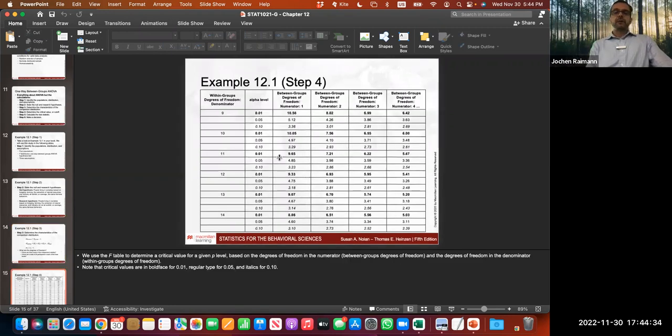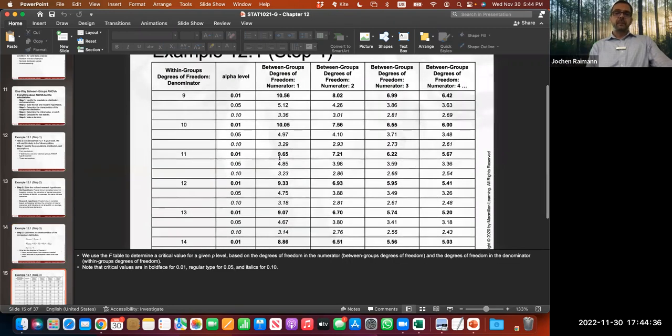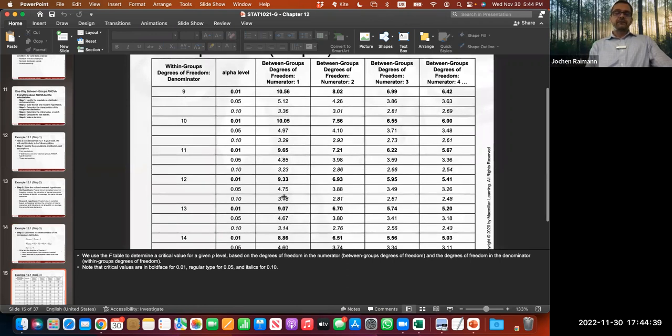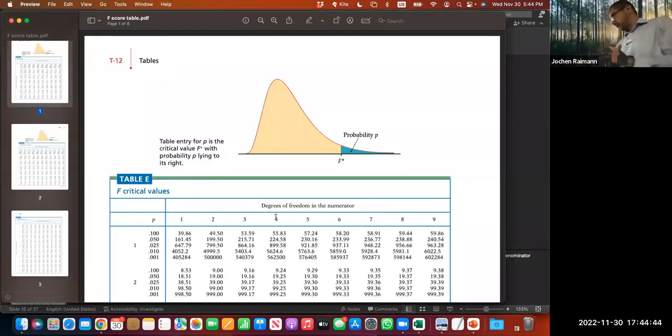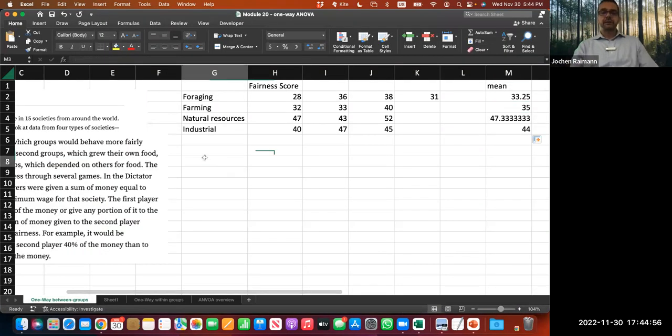Good. Now we have a couple of steps that we need. Let's do this first. We have our ANOVA table, and we want to determine our critical value. So we have 4 groups. The degrees of freedom between is 4 minus 1, that's 3.